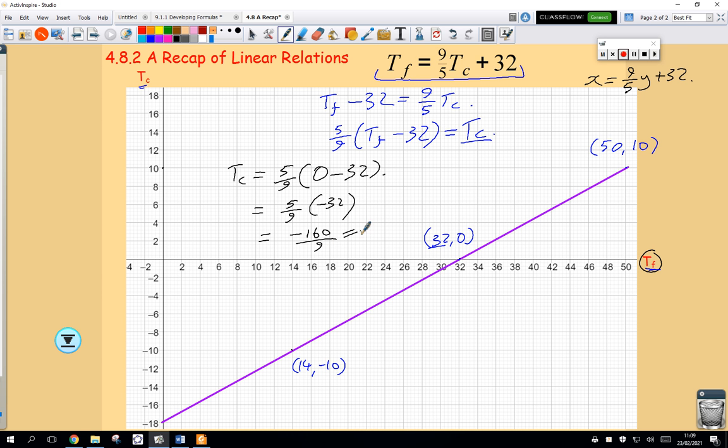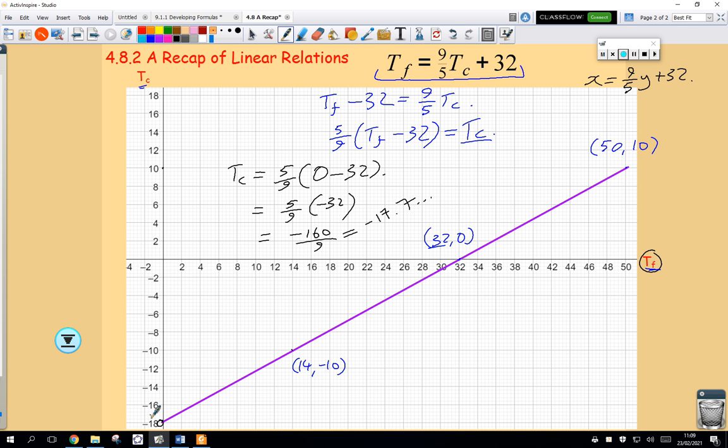Negative 160 over 9: 9 into 16 goes once, 7 over, 9 into 70 goes 7 times, with a remainder of 7, so 17.7. I think that's going to recur. So that's not quite negative 18, it's negative 17.7 recurring.